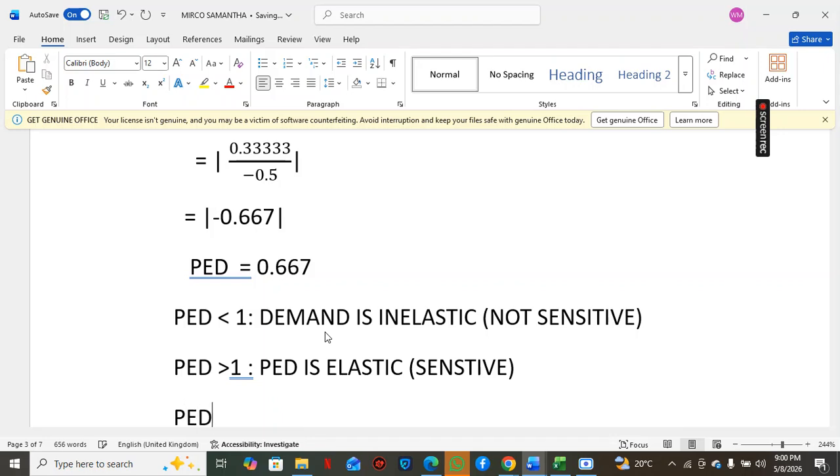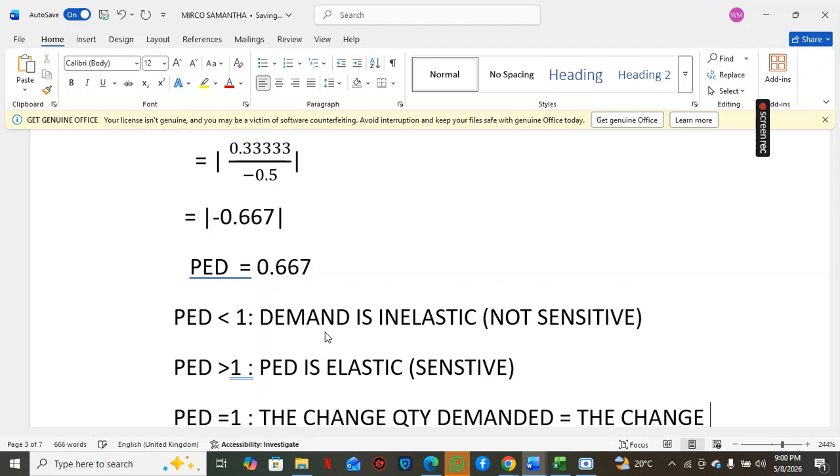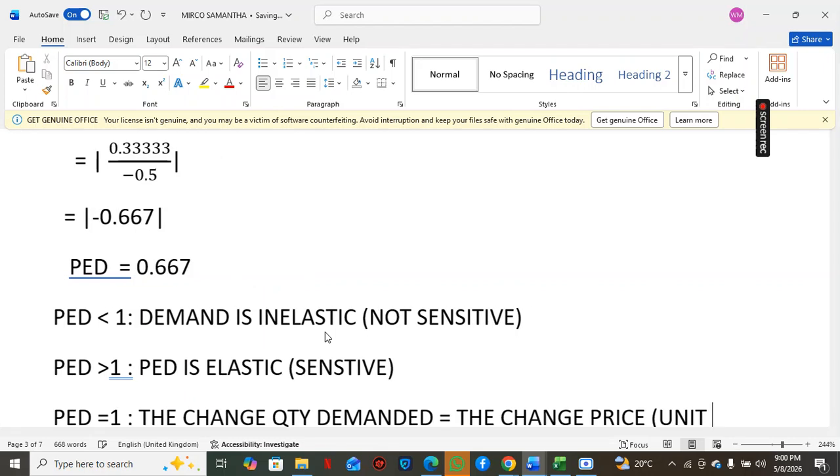Okay. And if your price elasticity of demand is equal to 1, it means the change in quantity demanded will be the same as the change in price. Okay, which is called unit elasticity.